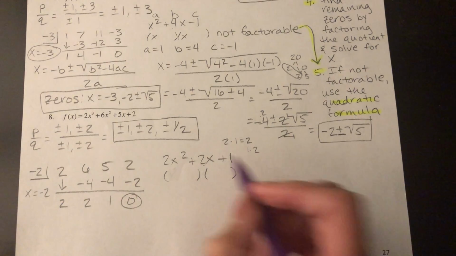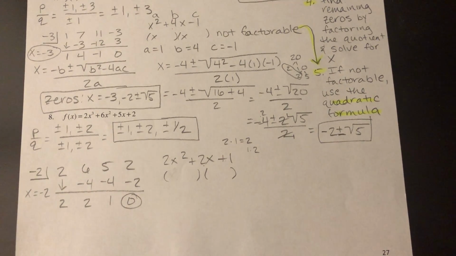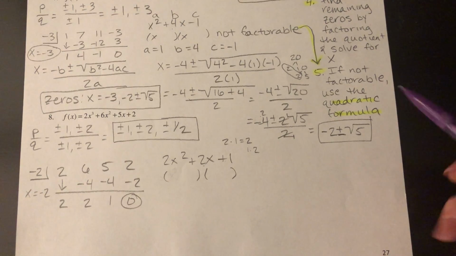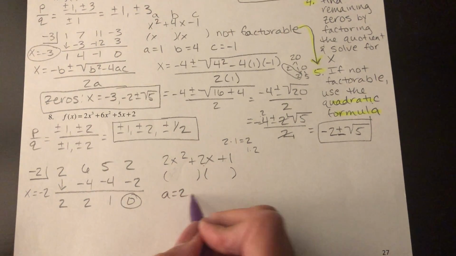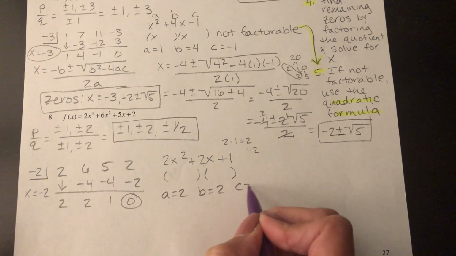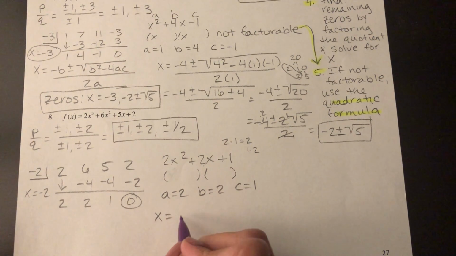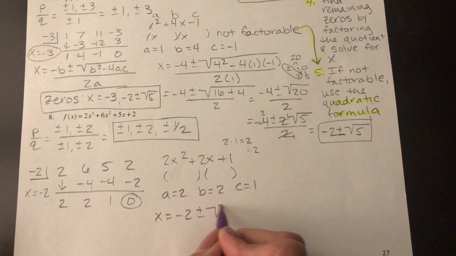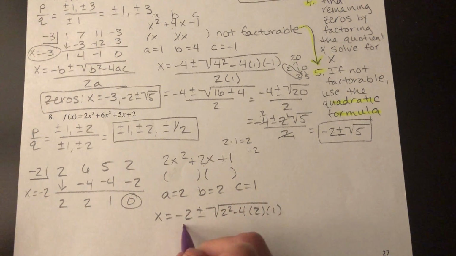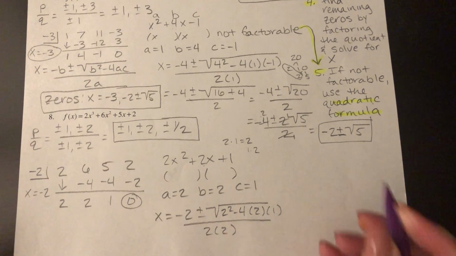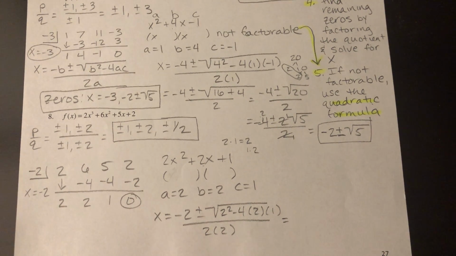There aren't any. So this is not factorable. What happens when it's not factorable? Well, you have to use the quadratic formula. So we'll do that. Plug that into the quadratic formula. And start simplifying.